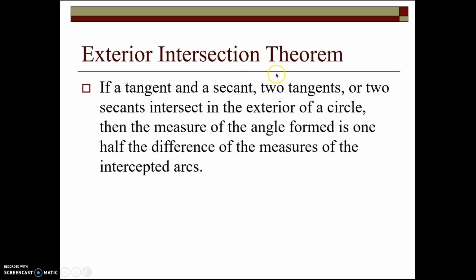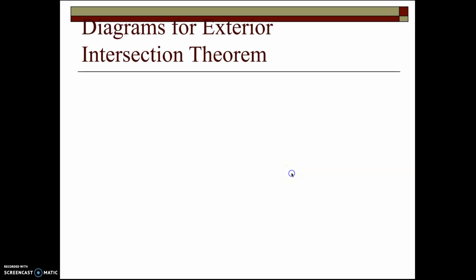The exterior intersection theorem: if you have a tangent and a secant, or 2 tangents or 2 secants that intersect outside the circle, in the exterior of a circle, then the measure of the angle formed is 1/2 the difference of the measures of the intercepted arcs.